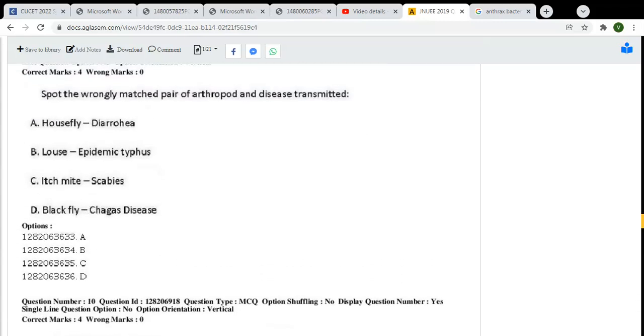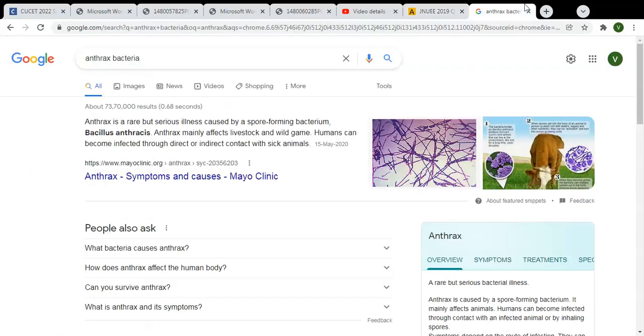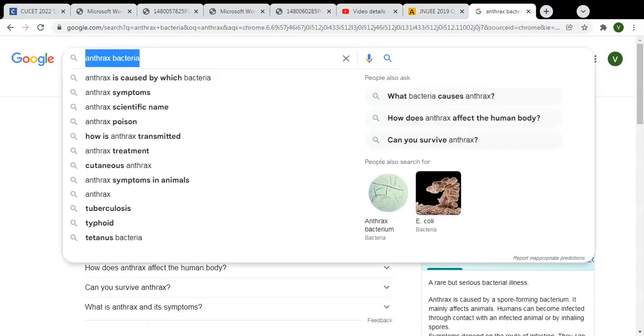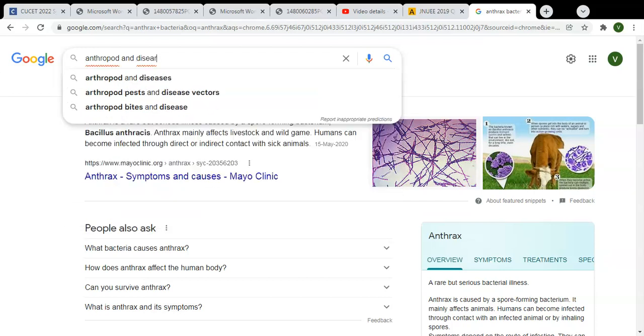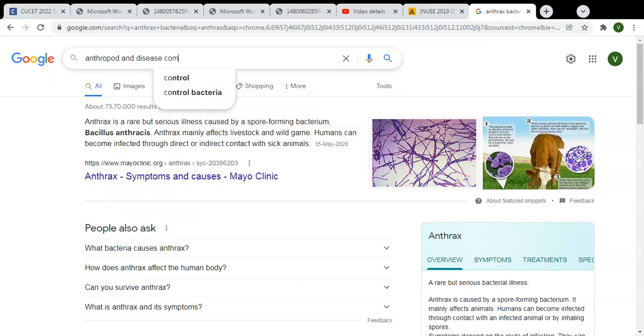Exactly this question also, if you see: what does the housefly cause, diarrhea; what causes epidemic typhus, scabies, and Chagas disease; so arthropods and disease transmission. There you can search like this: arthropod and disease combination.